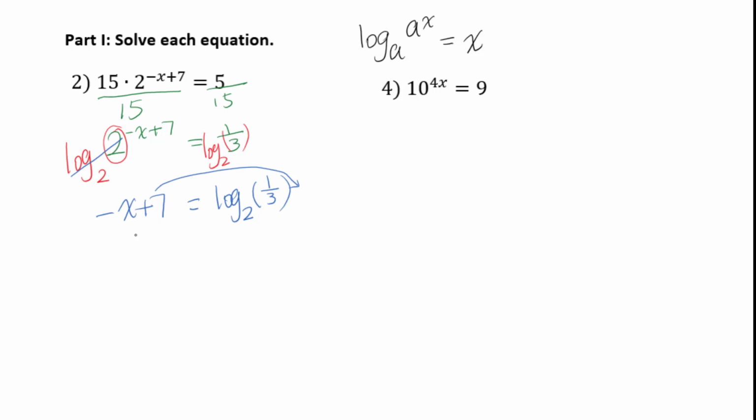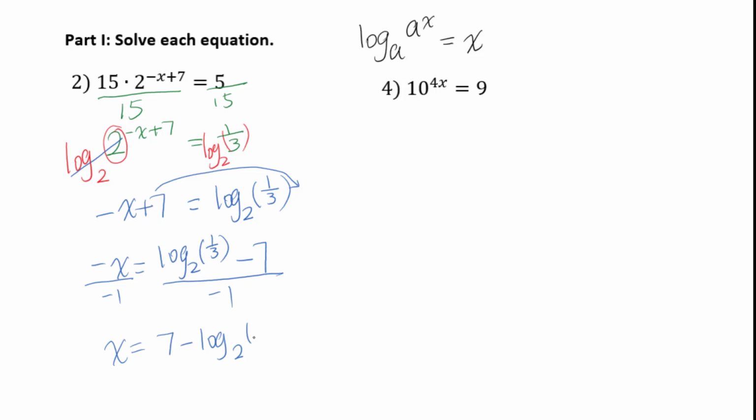Minus 7 on both sides: negative x equals log base 2 of 1 over 3 minus 7. Then we divide by negative 1 on both sides. x equals 7 minus log base 2 of 1 over 3.